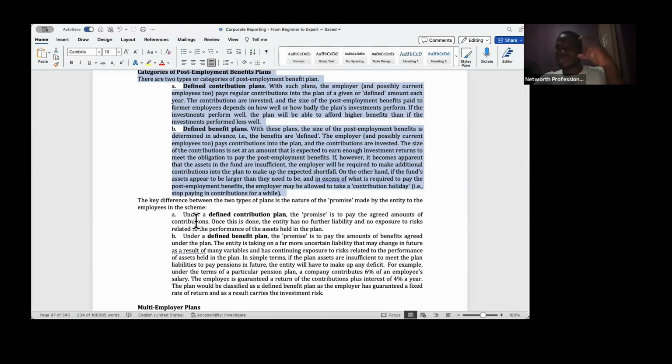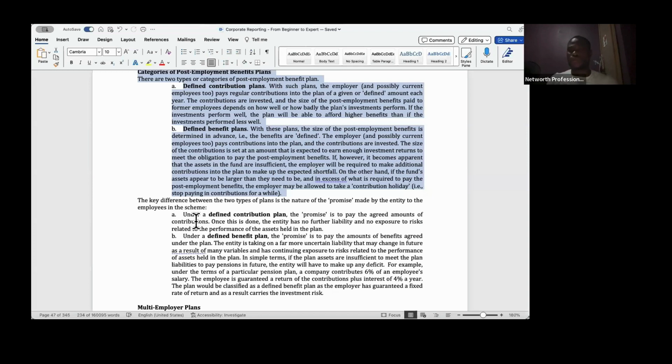The only obligation the employer has is to make regular contribution. And after that regular contribution, it ends there. Whatever they do with the money, wherever they are contributing it, it's outside the business of the employer.